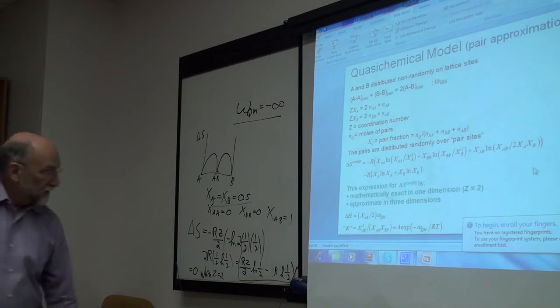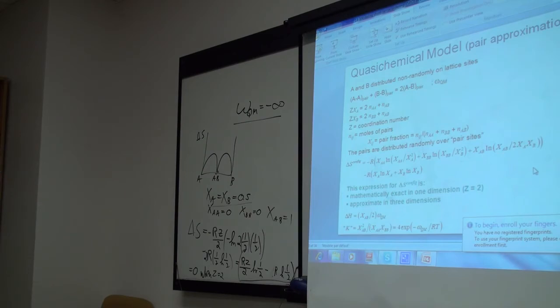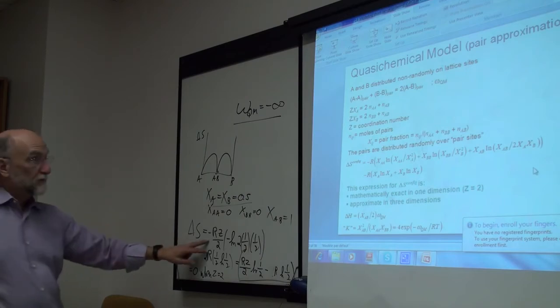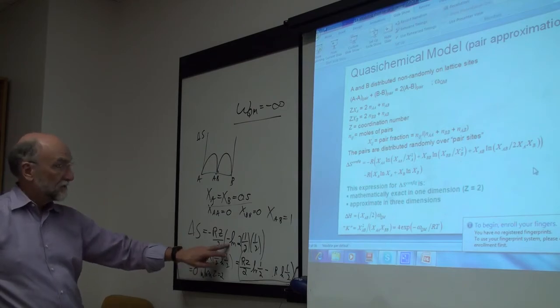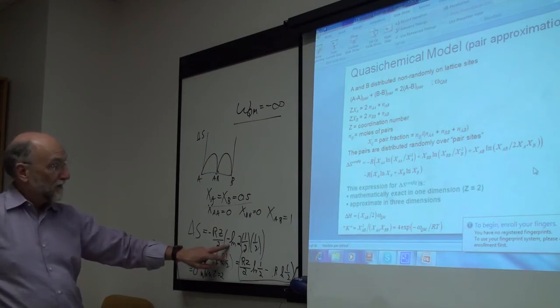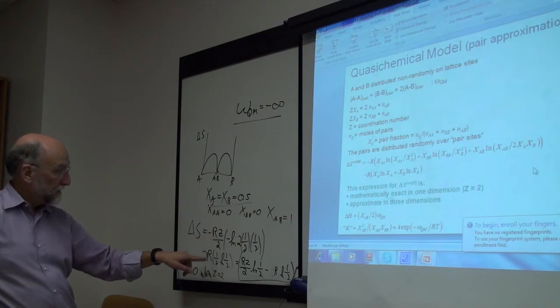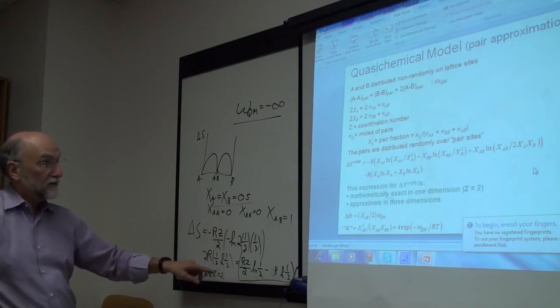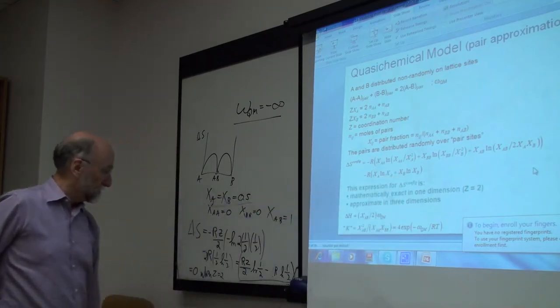If Z is greater than 2, I probably made a mistake. I think I got a sign wrong. This is correct, I made a sign error, haven't I? It's minus RZ over 2 times log of 2 times 1/2 times 1/2, but I put it on the other side, so that's negative. Minus 2 R 1/2 log 1/2, because I have two 1/2 log 1/2 terms.